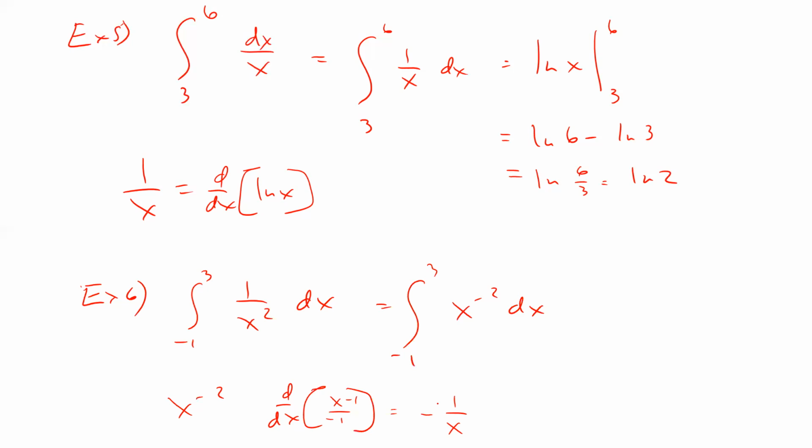That's the derivative. So we have negative x to the negative 1, which we could write as negative 1 over x. Everybody okay with that? So negative 1 over x from 1 to 3, and I should put the evaluation bars there.